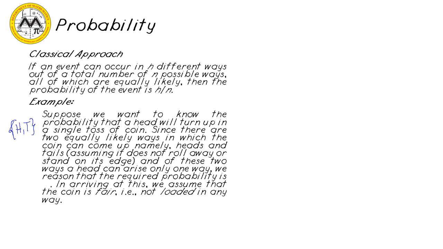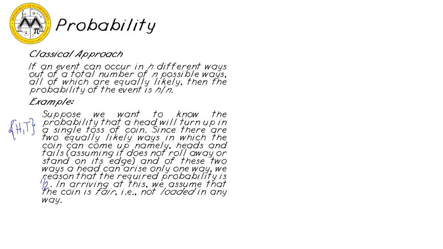Assuming that it does not roll away or stand on its edge, there are only two possible outcomes, head and tail. And of these two ways, a head can arise only one way. For that reason, the required probability is 1/2, one of the two possible outcomes. In arriving at this, we assume that the coin is fair, not loaded in any way.